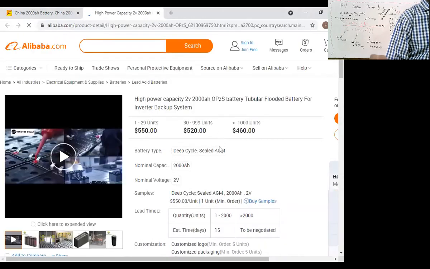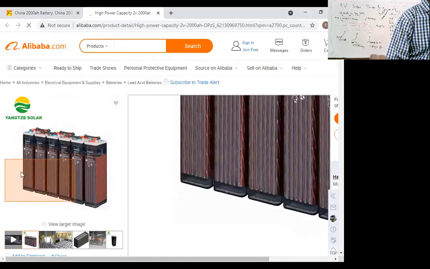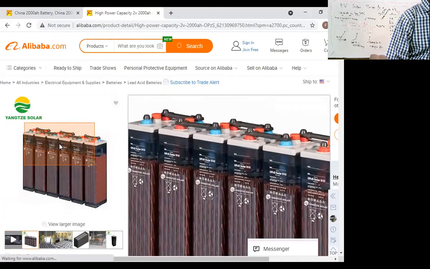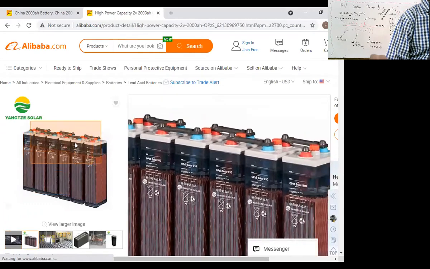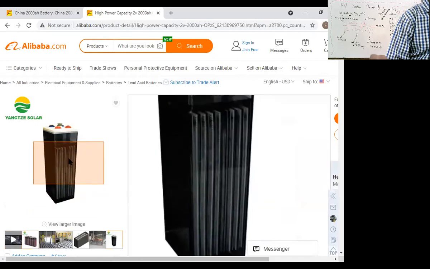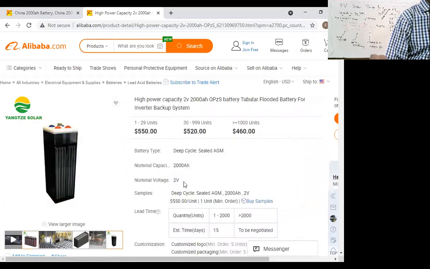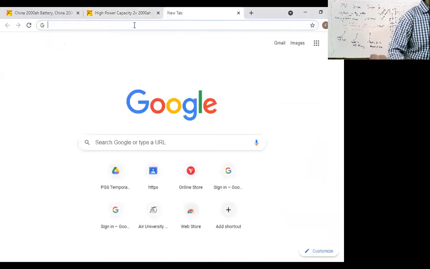Now look, this is a tubular battery, and it is making 2 volt. Here it is. This is a 2 volt battery. So you may have to make a series parallel combination of these batteries.